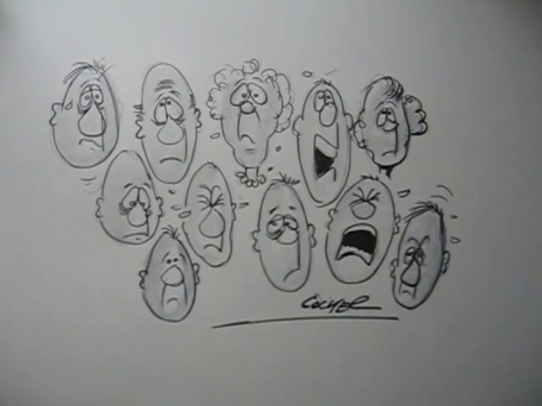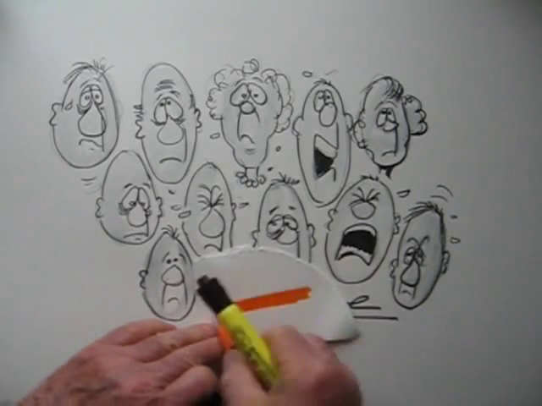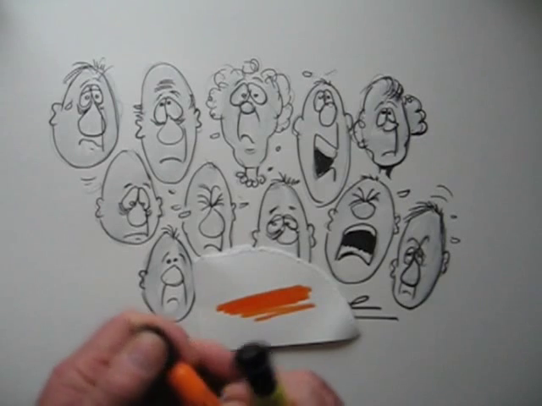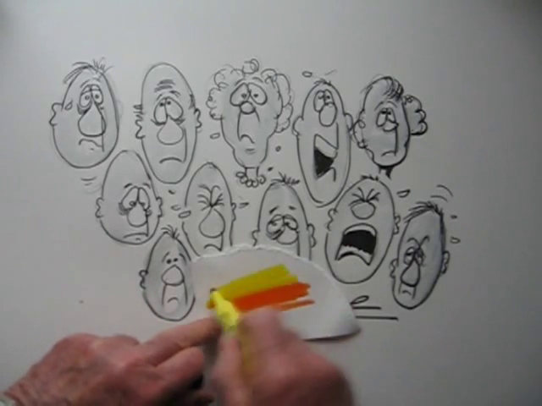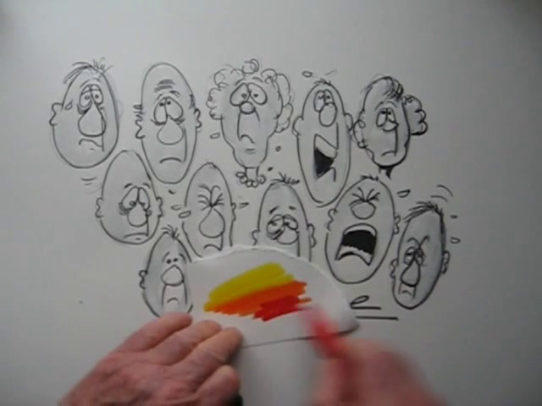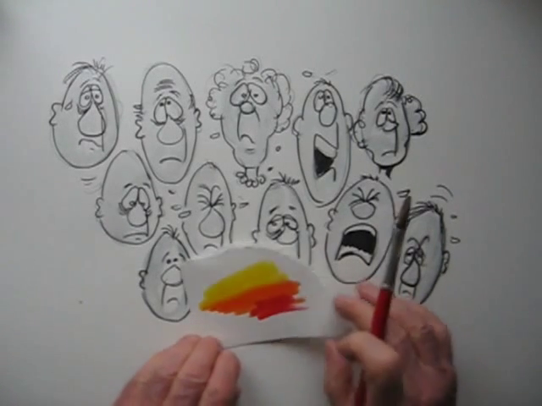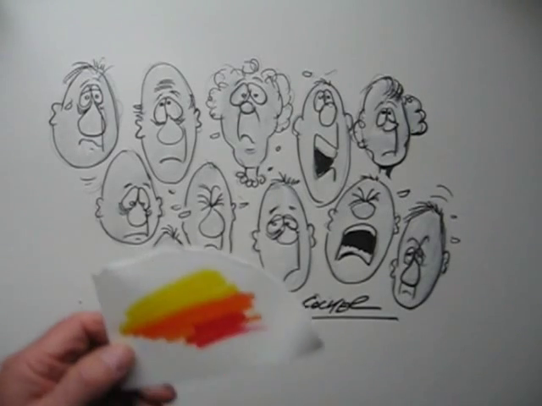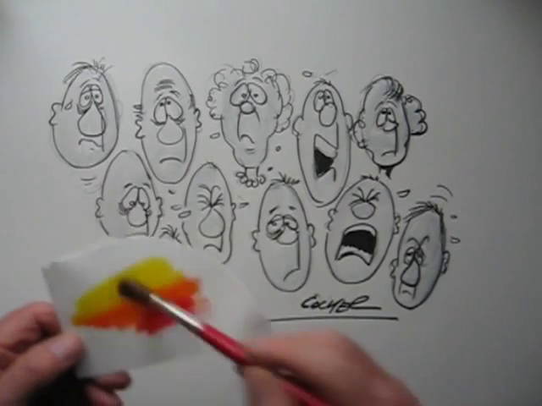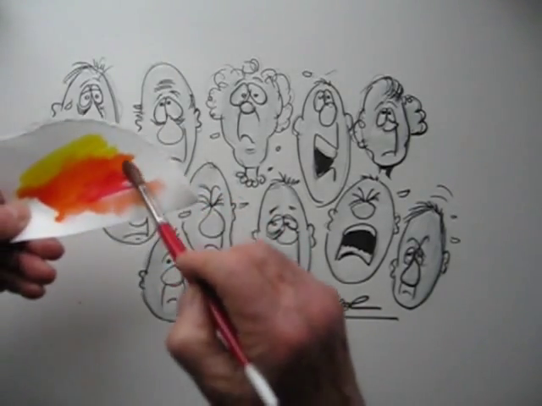and now we'll add some colour. And I'm using not magic markers, but these are markers you get from any stationery, and they're water soluble, so you can just add water to it and dilute the colour. So I'm just adding water now to the colour. Just get a vague flesh colour tone.